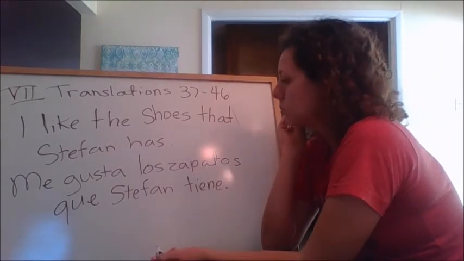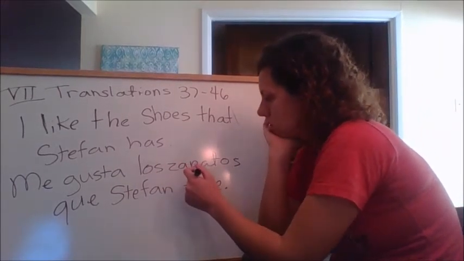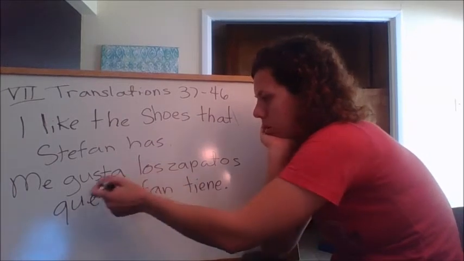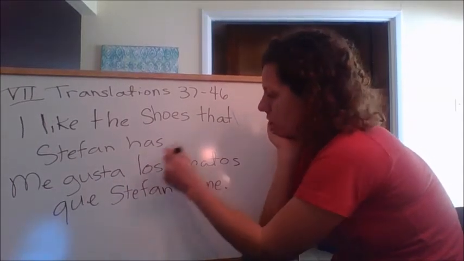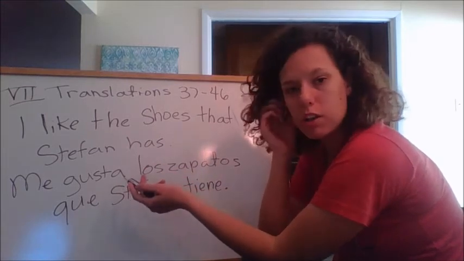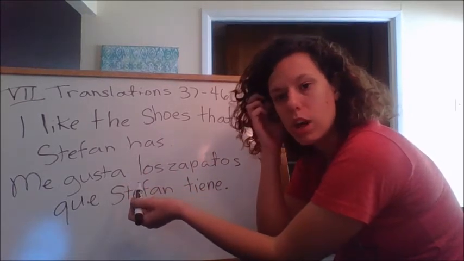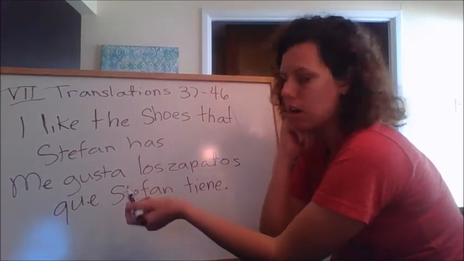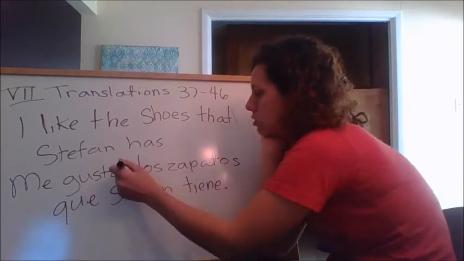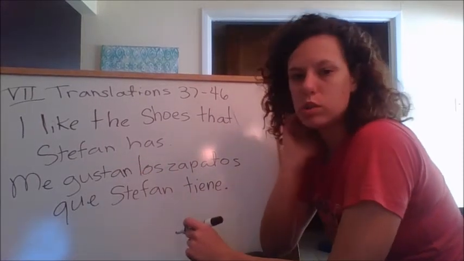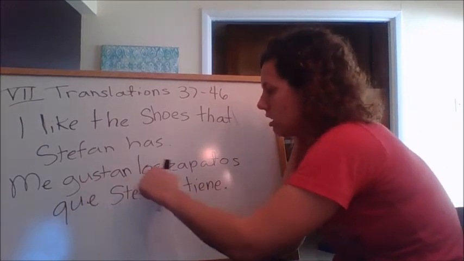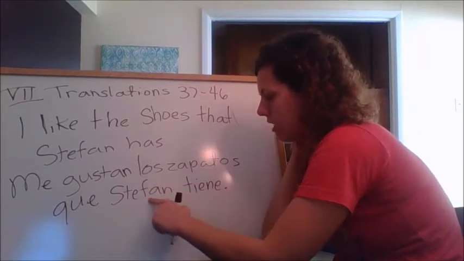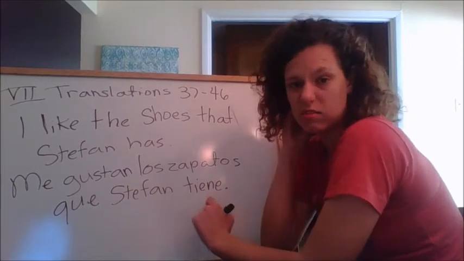The shoes that Stephen has are pleasing to me. Here is my subject. Is my verb conjugated correctly for my subject? No, it's not. This is plural, so this has to be gustan. So it needs to be me gustan los zapatos que Stefan tiene. That's it.